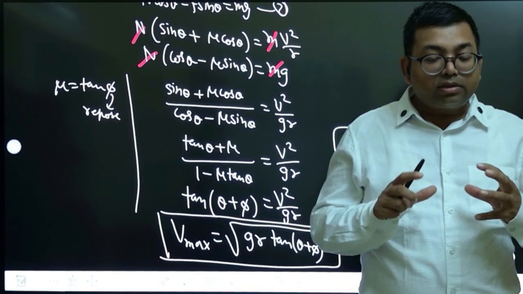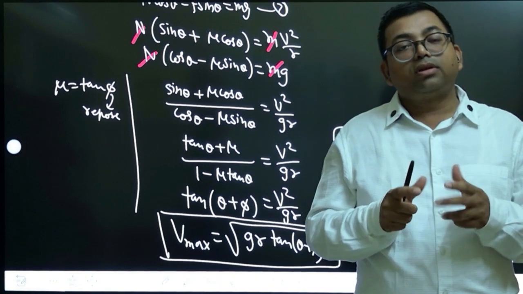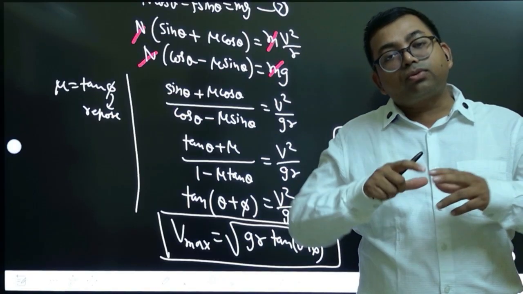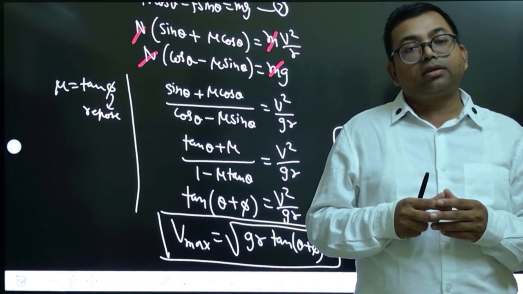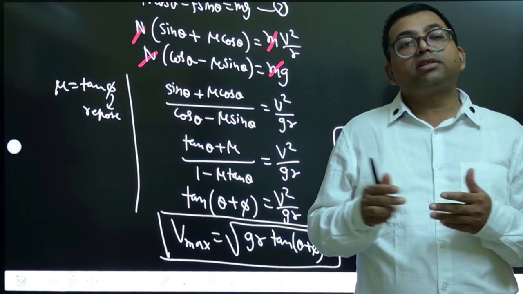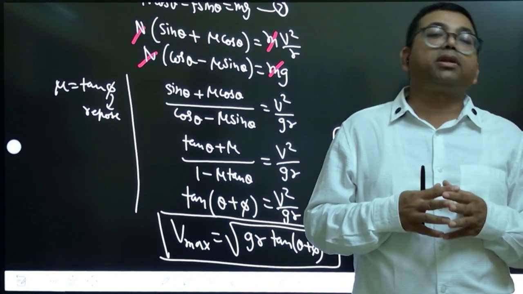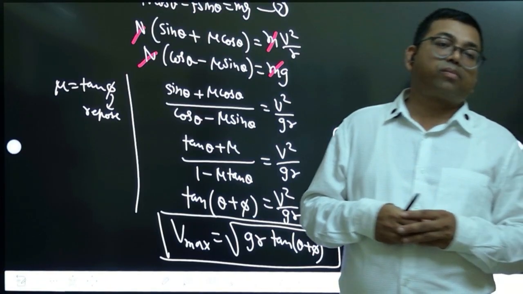Whenever the body just starts sliding, at time zero, that time you take maximum static friction. But once it starts sliding, time greater than zero, then you have to take kinetic friction. Immediately the nature of friction changes. Otherwise, if it is already sliding from the beginning, then you have to take kinetic from the beginning, right?